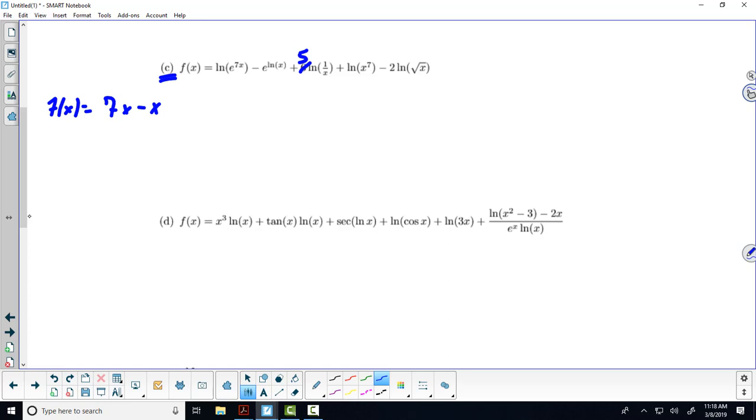I can bring it in as an exponent. So this will give me plus the natural log of 1 over x all to the 5th power. Everyone see what I did there? I pulled the constant, the multiple, inside the logarithm as a power.